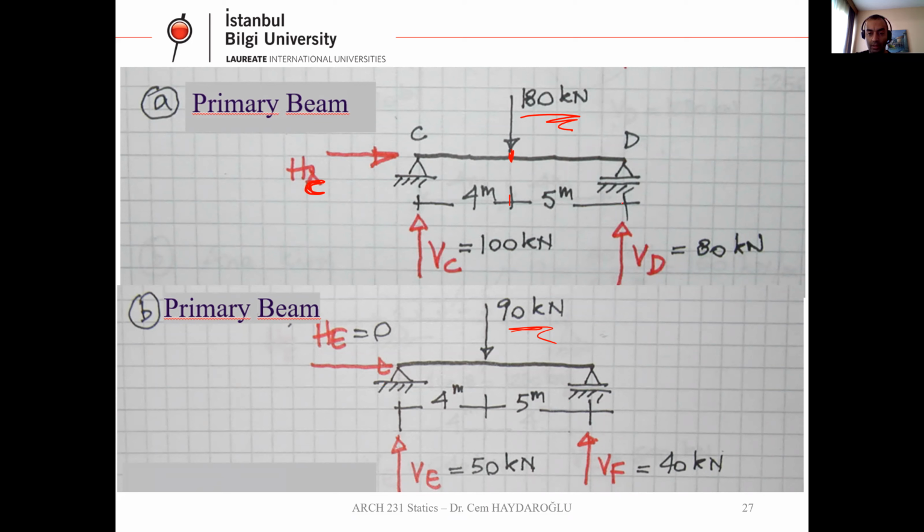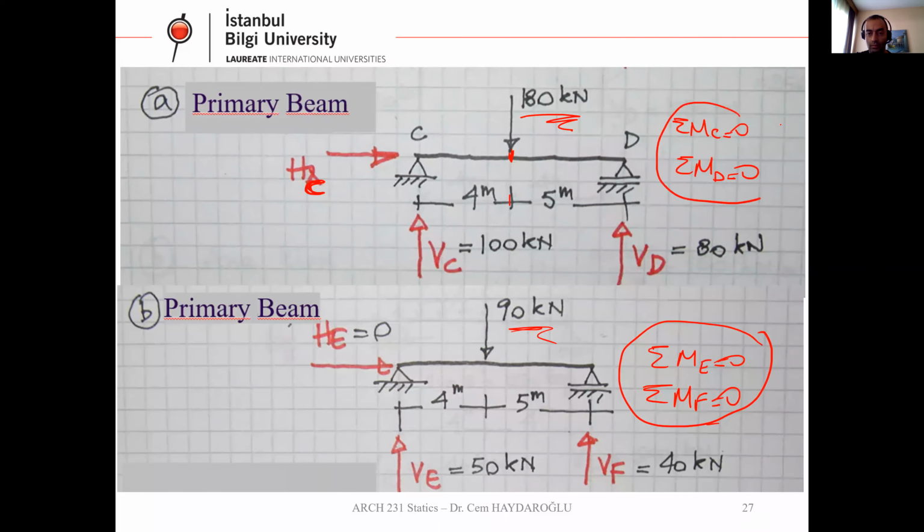Let me write them here, just a second. Total ME equals 0, total MF equals 0. And with these equations, you can solve for VE and VF. Let me write the same for the top: MC equals 0 and MD equals 0. With these equations, you can calculate all the support reactions.